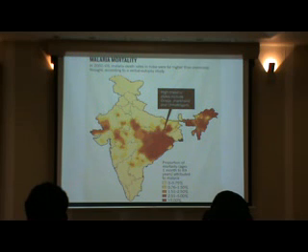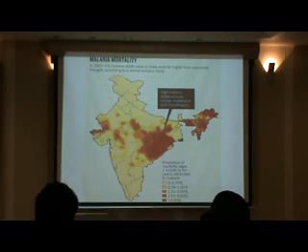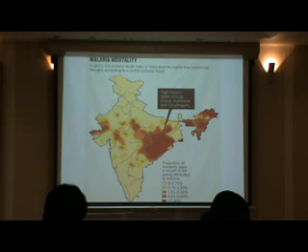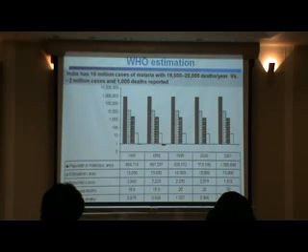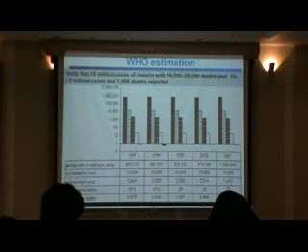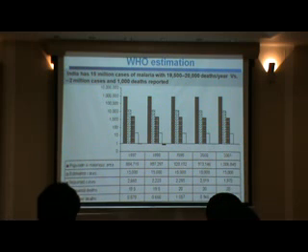Again, we are looking at the high malarial states, Odisha, Jharkhand, and Chhattisgarh, where the proportion of mortality from 1 month to 69 years attributed to malaria is found highest. Again, it is statistical data.